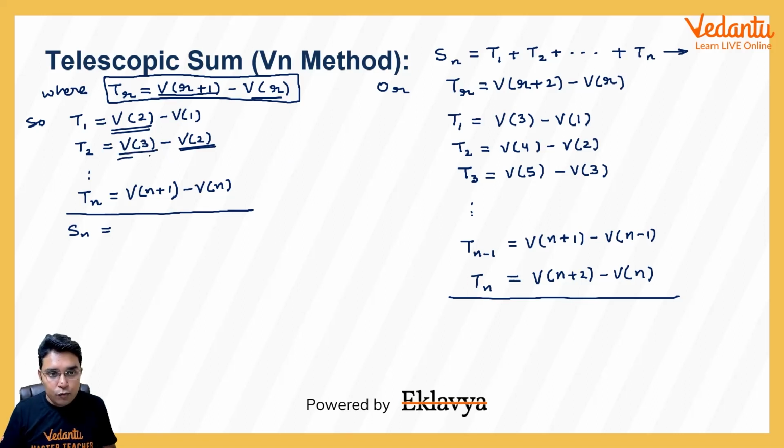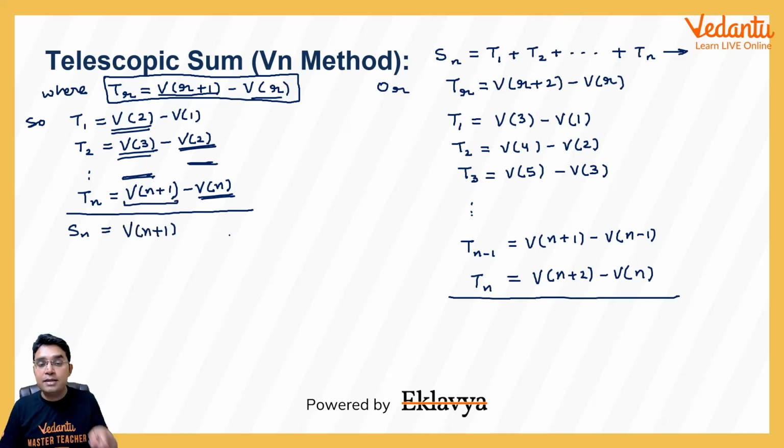This V_3 will get cancelled with the term V_3 in the next term, and so on. Similarly this V_n will also be cancelled with one term before it. So what will be left? The only two terms that will be left are V_(n+1) from the last T_n and V_1 from the T_1, and this will be the sum of n terms. So this is how the telescopic sum works.